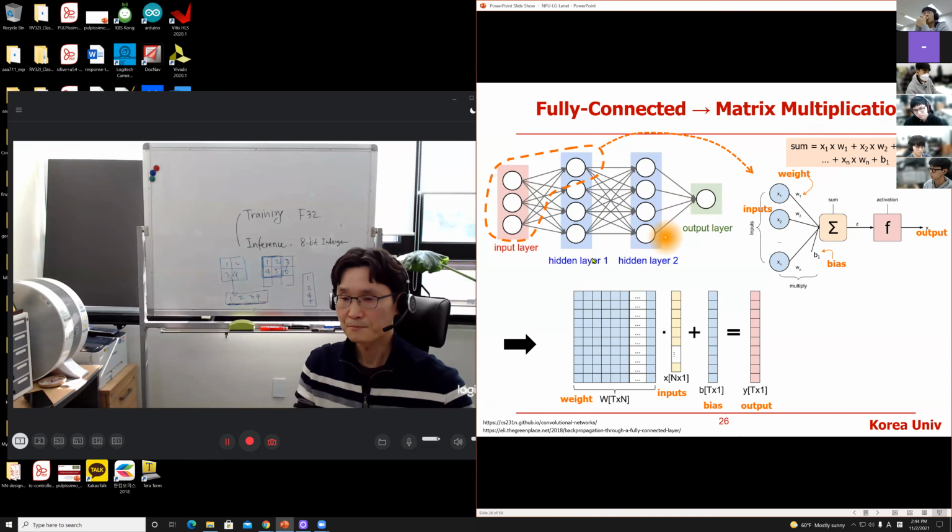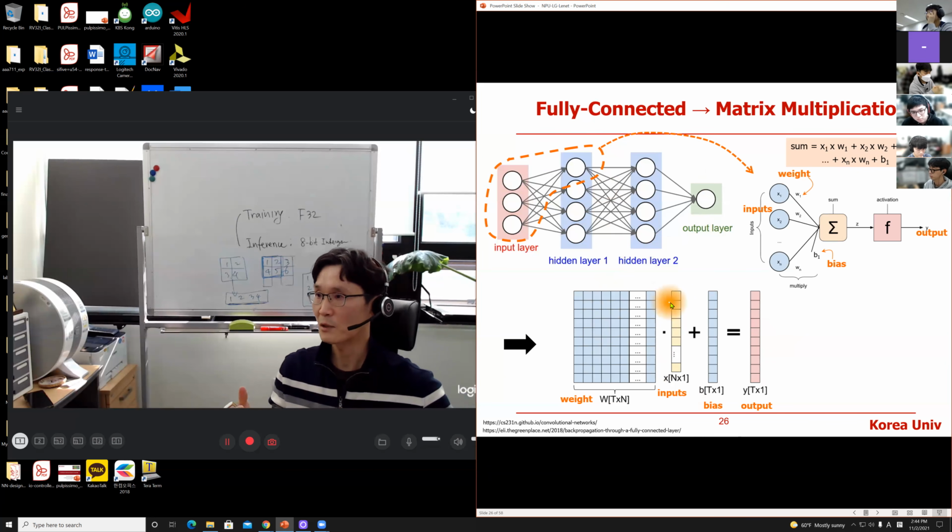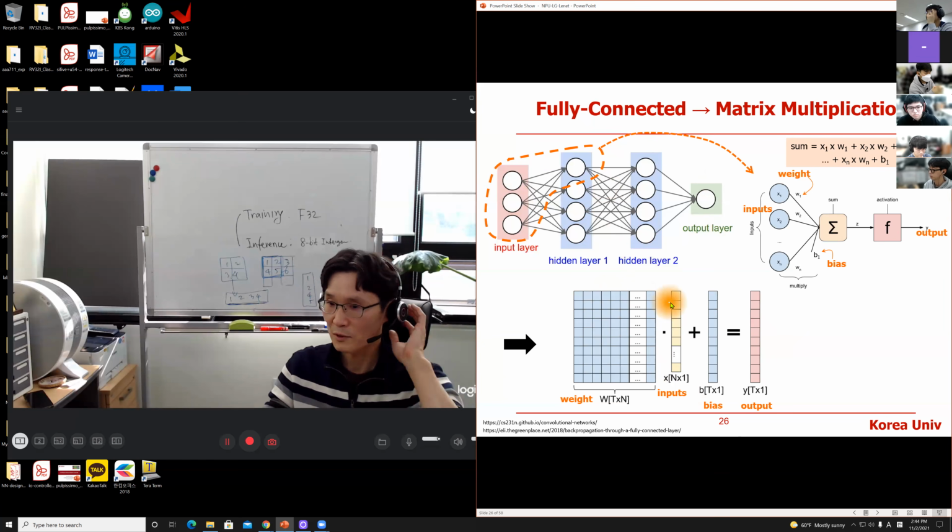This can be represented with matrix multiplication: weight, input, and bias. So once you represent this fully connected layer as a matrix multiplication, you can use a well designed software library.